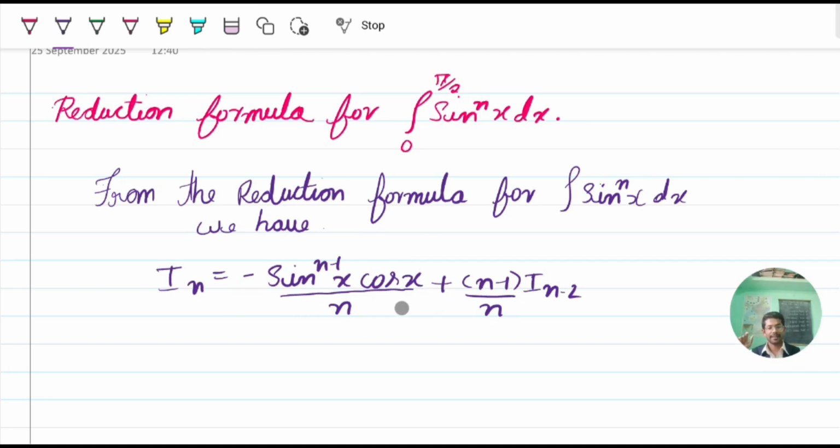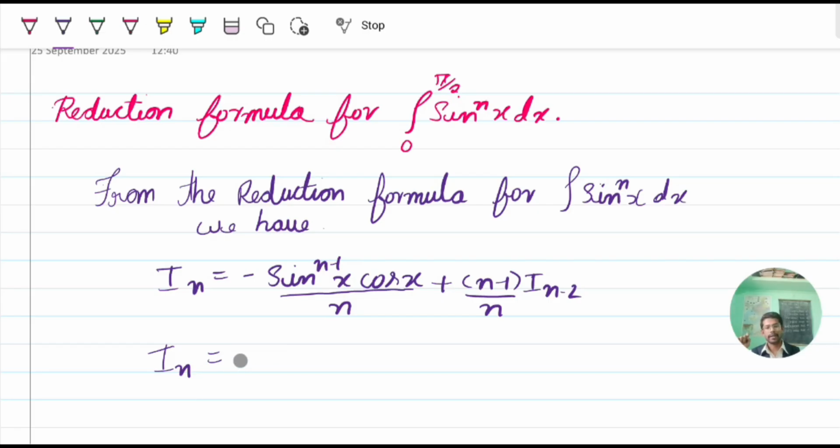Let us apply limits to this formula, because we already reduced the integration of sine power n x dx and got the formula for it. Here we have to apply limits for this integration.